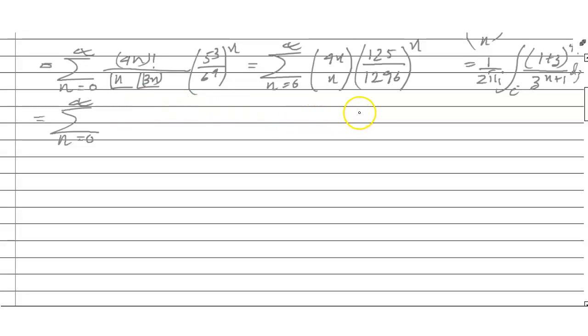It can be written in a lot of ways. I can write z to the power 3n plus 1.